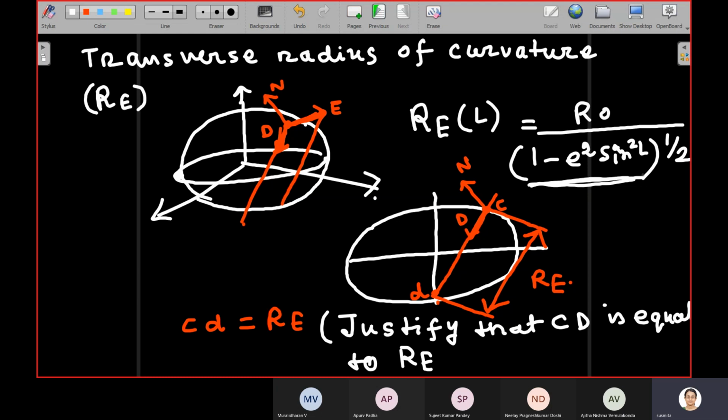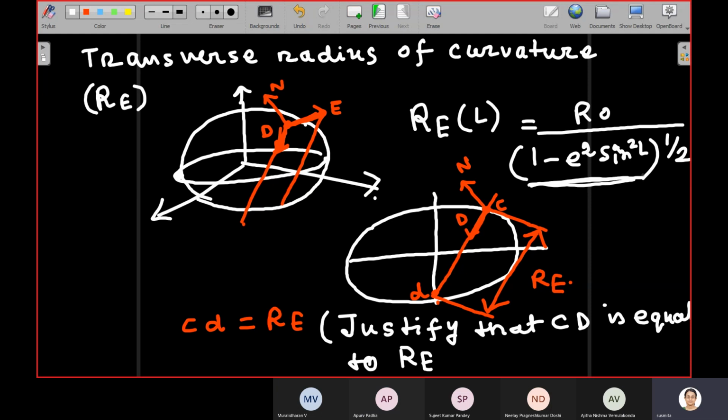You need to prove using the basic definition of radius of curvature that CD is actually the transverse radius of curvature. Yes, ma'am, understood.